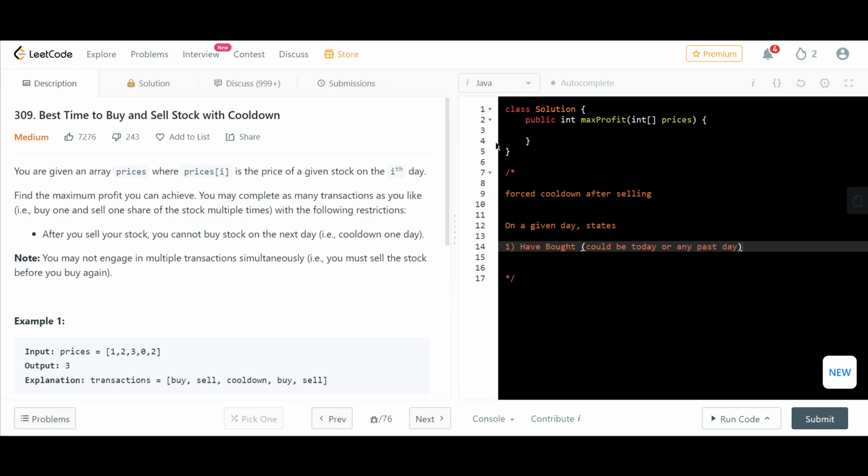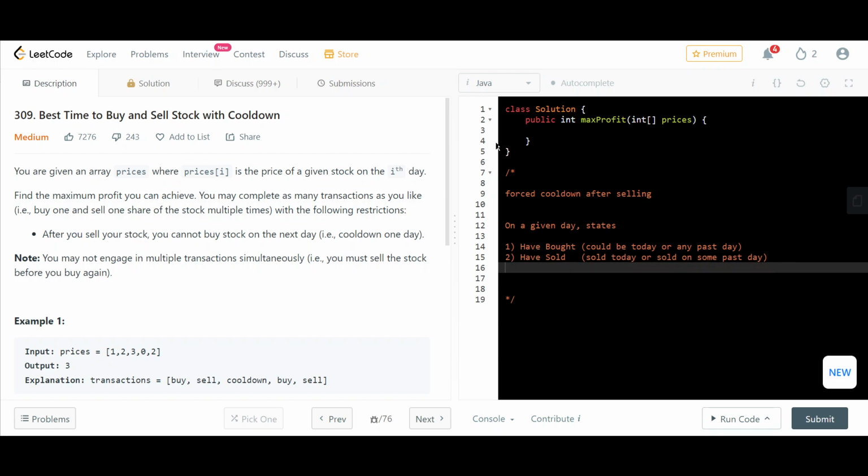We don't know that, but that is one state. The second state is I have sold, so that means I don't hold any. It could be that I sold today or sold on some past day. Or the third state could be I have to rest.